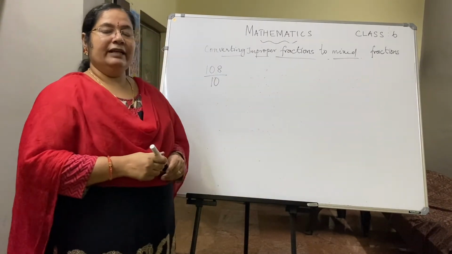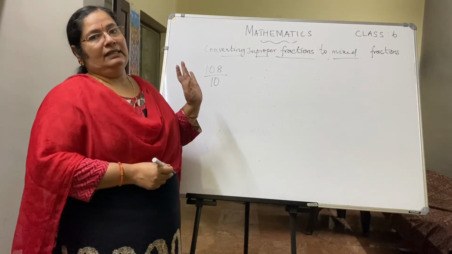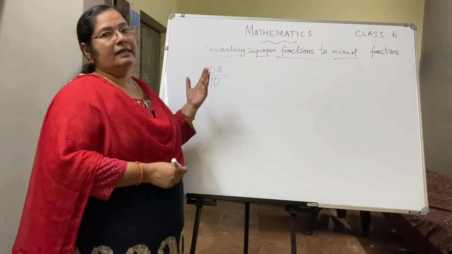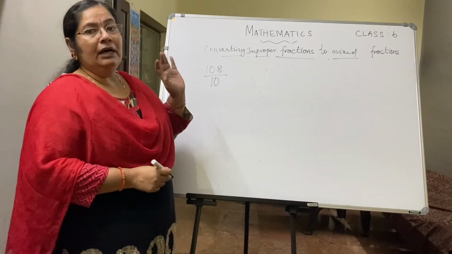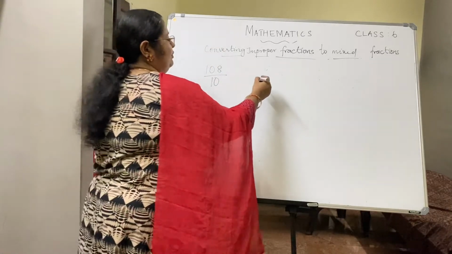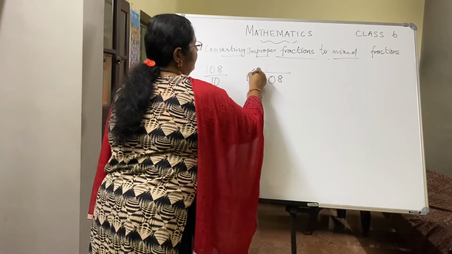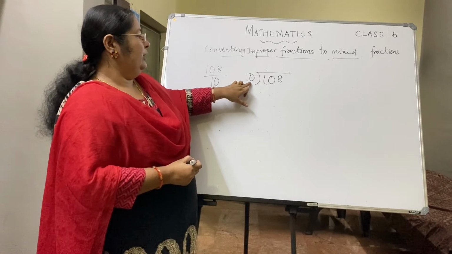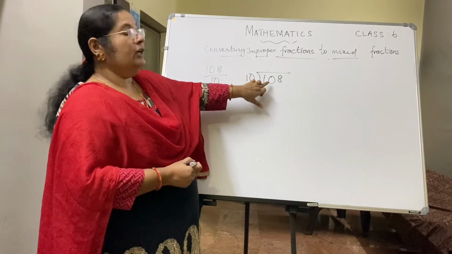Now let us take one example, 108 by 10. So this is an improper fraction because 10, the denominator, is less than the numerator 108. Now how to convert this into a mixed fraction? You have to divide 108 by 10. Here the divisor has only 2 digits but the dividend has 3 digits.